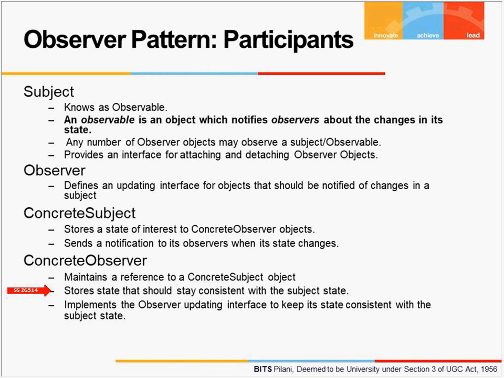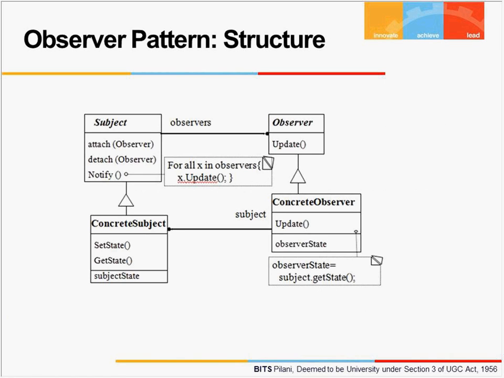It also maintains a reference where it stores the current state of the subject, so that it asks the subject for state and then displays that state. It implements the observer interface to keep its state consistent with the subject state, right? So this is what we saw. The concrete observer implements the update method which is provided by the observer, right?